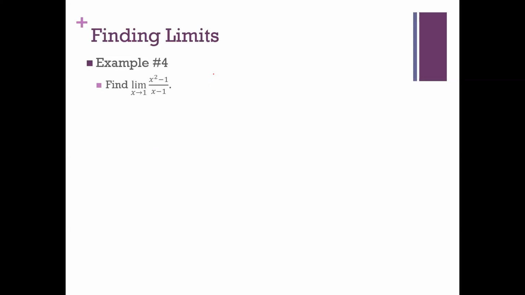Let's do that. The numerator here factors into the product of x plus 1 times x minus 1, all divided by x minus 1. Now I have multiplied factors, so now I can truly cancel, and I get the limit as x approaches 1 of x plus 1.